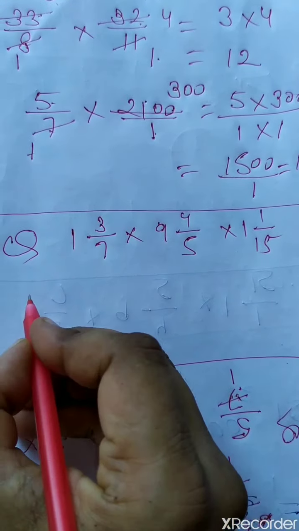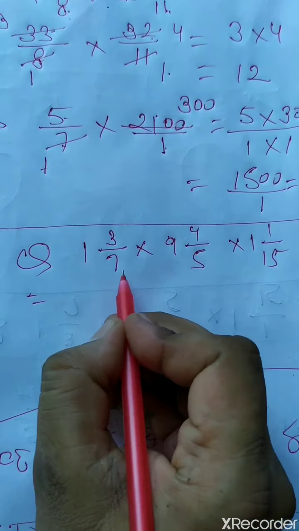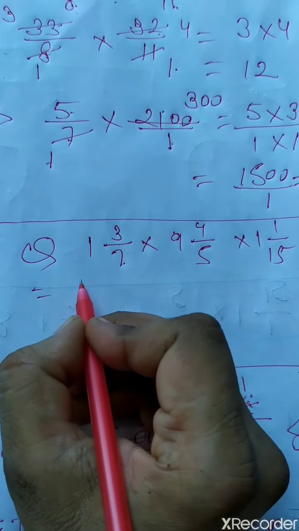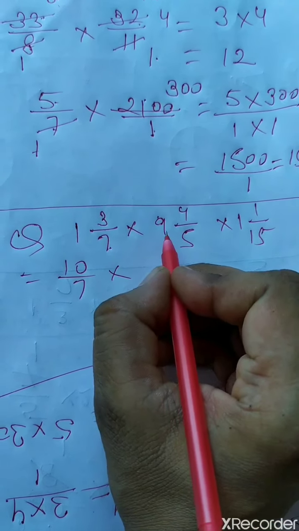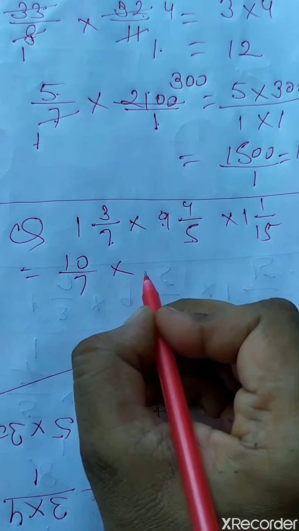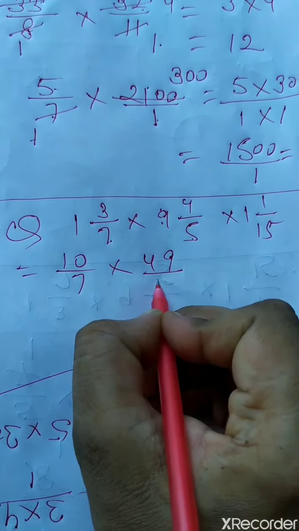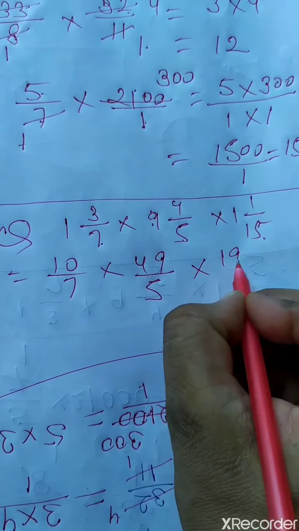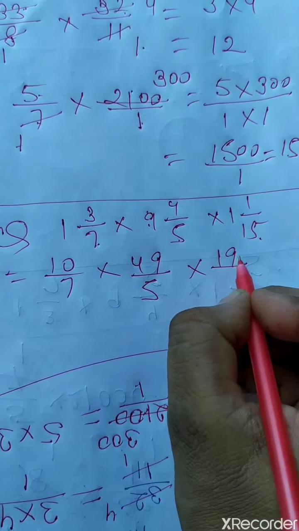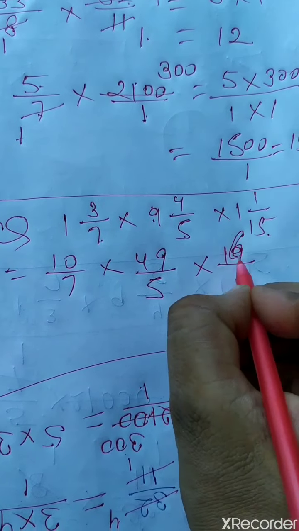So you can do it like this: 1 into 7, 7 plus 3, 10 by 7. First convert into improper fractions, 9 into 5, 45 plus 4, 49 by 5, into 1 into 15, 15 plus 1, 16. Sorry.